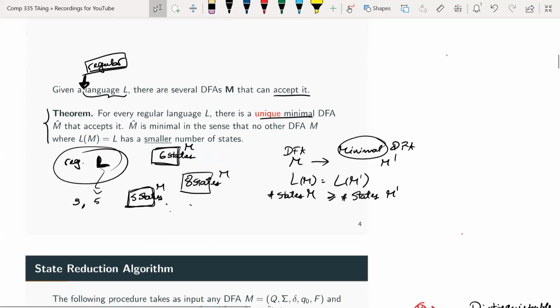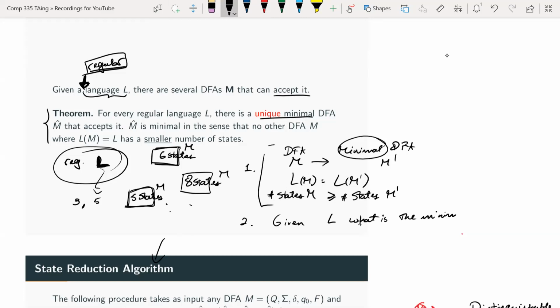And then once we've defined the notion of minimal DFA, which we're going to do in this algorithm that you just saw as a sneak peek there, once we define the minimization of DFAs, then we can answer a question like, given a language L, what is the minimal DFA that accepts it, or what is the minimum?